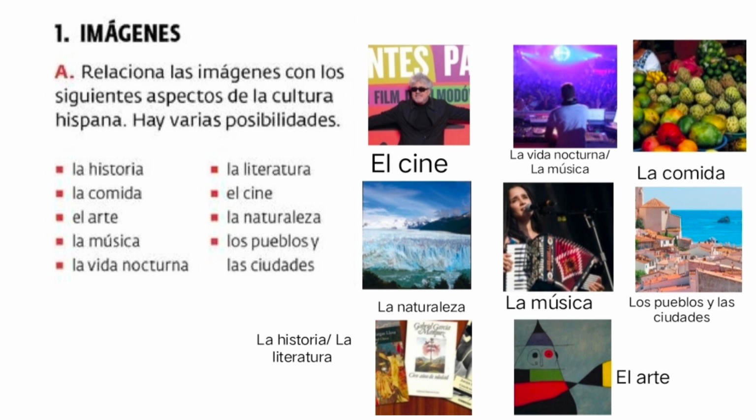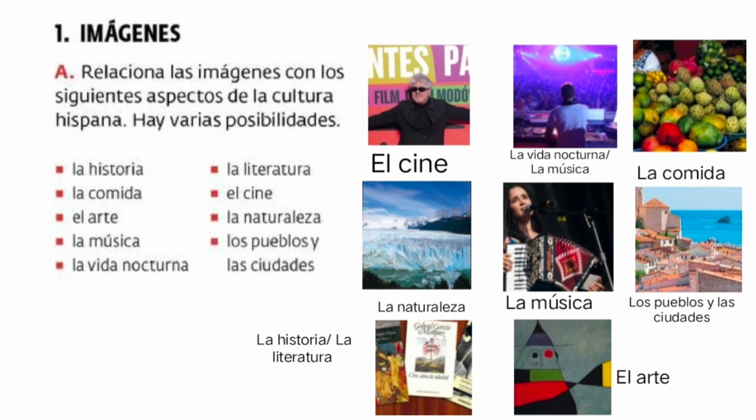Now, la historia means the history, la comida, the food, el arte is the art, la música, the music, la vida nocturna is the nightlife, la literatura, the literature, el cine, the movie, la naturaleza, the nature, los pueblos y las ciudades, the towns and the cities, okay?